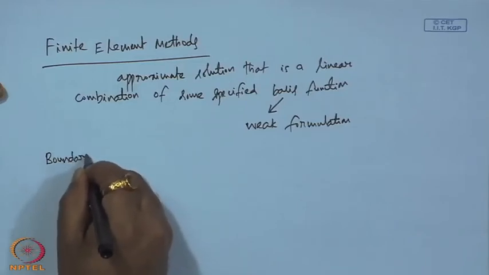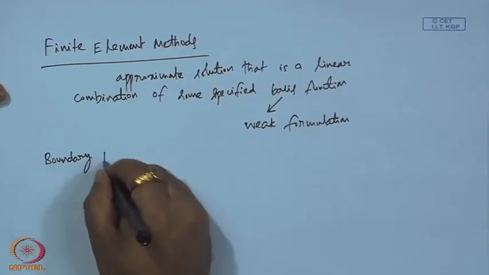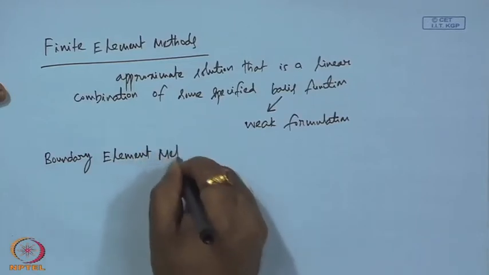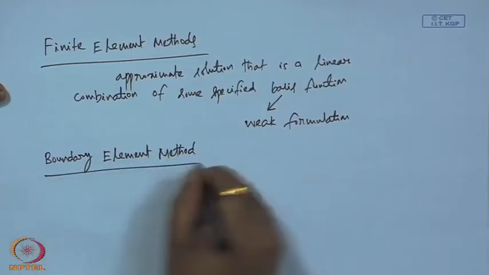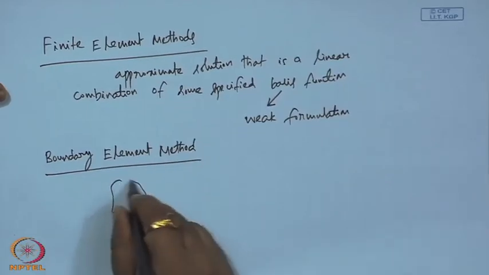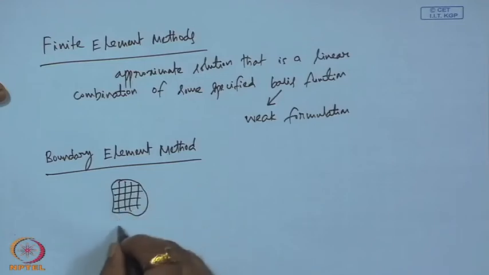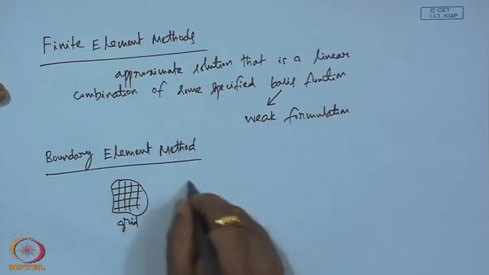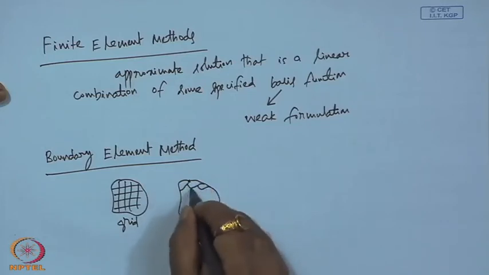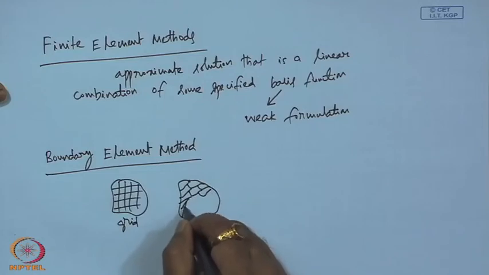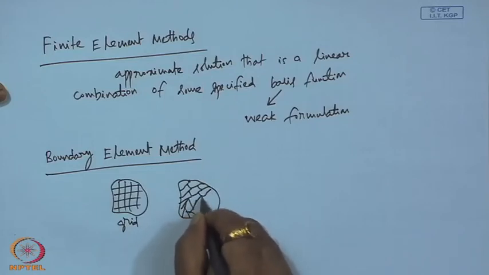But another method I would like to mention before we conclude is the boundary element method. For example, finite difference methods are based on a grid. Finite element methods are based on some triangulations, which can be thought of as triangle elements.